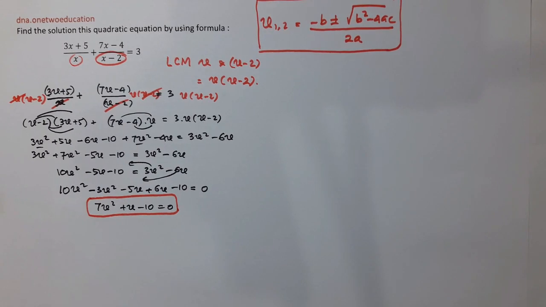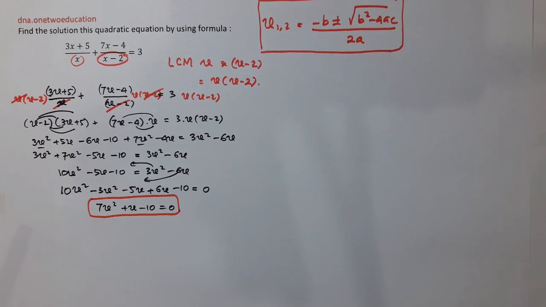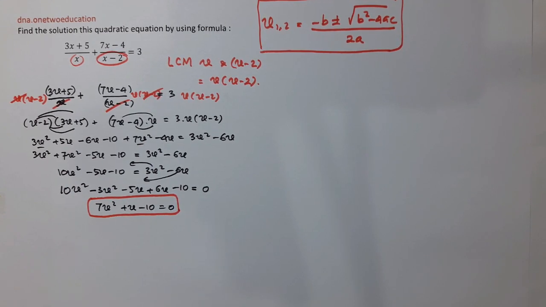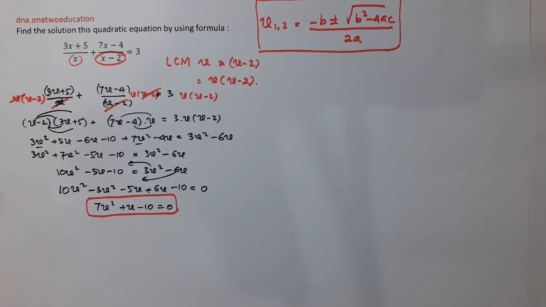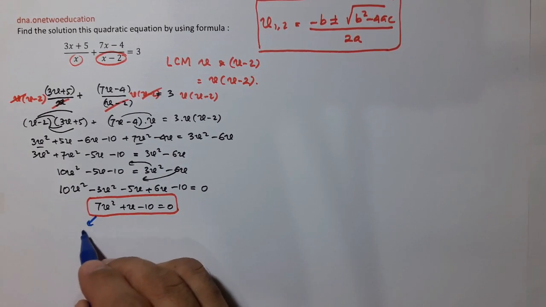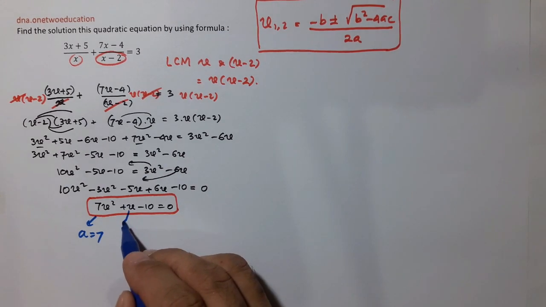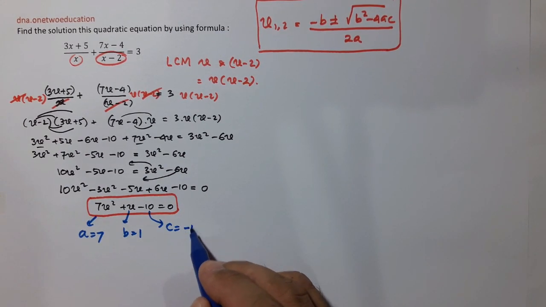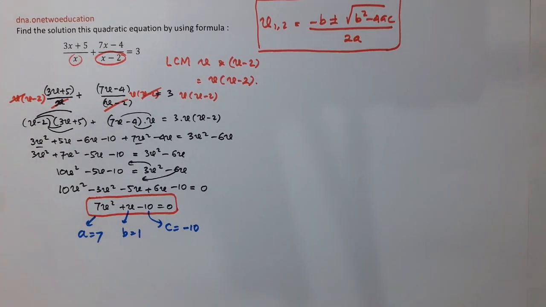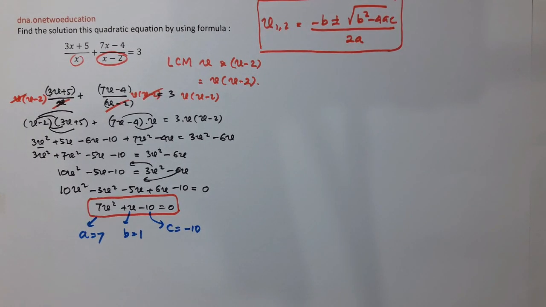Now you're going to use the formula, but we are going to define first a, b, and c. So a equals 7, b equals 1, and c is minus 10, right? Okay, so the formula is this one.